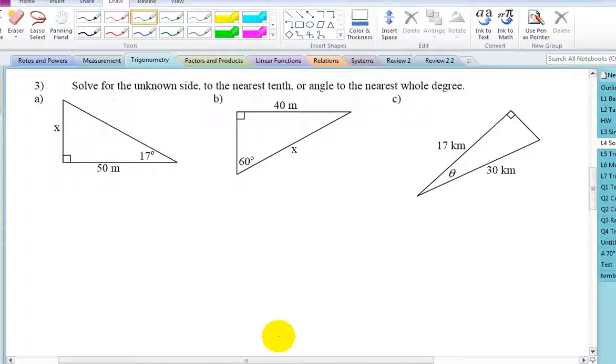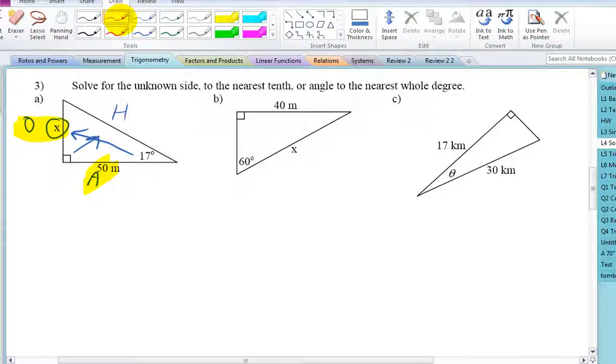Okay, so now we're going to solve. These are the three types of questions we can have. Solve for x. Start by labeling your HOA. Which ratio should we use? Devinder. So talking about O and A. Which ratio?